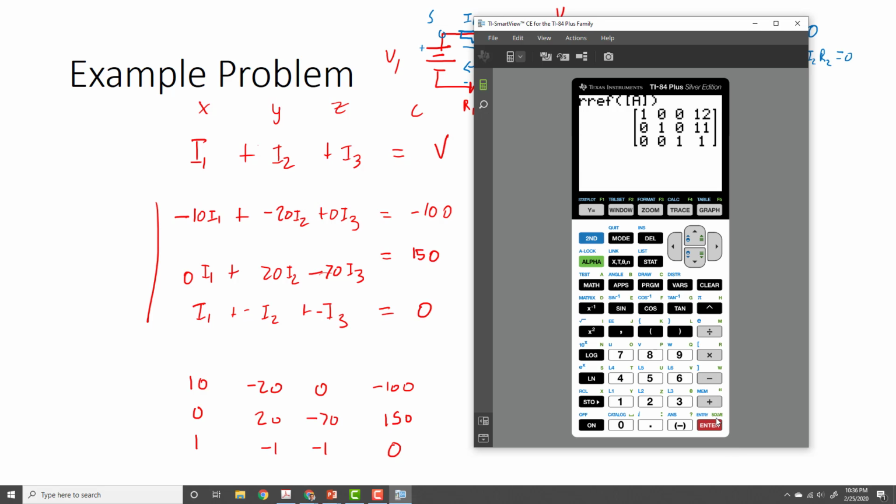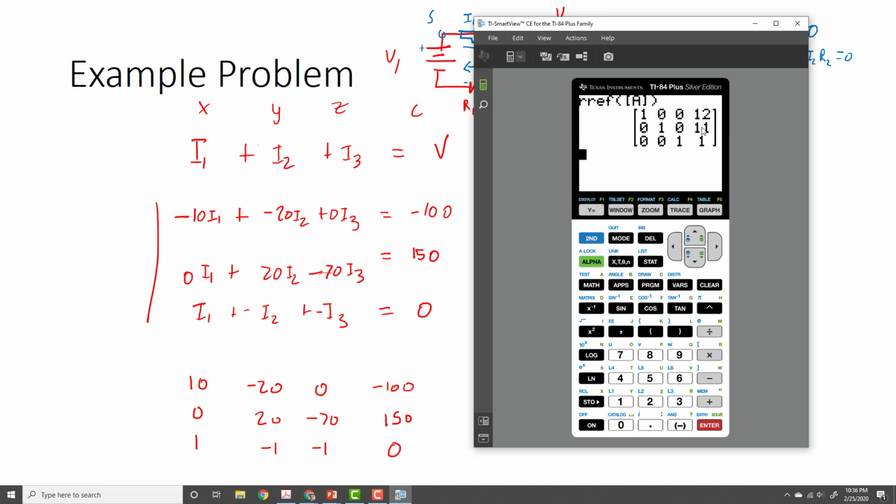And here's what it did for me. It went ahead and solved my system of linear equations, so I have 1s and 0s. What this basically reduced to is 1 I1 equals 12. Cool, now I know I1. I1 is 12. This one, since this is in the I2 spot, shows me that I2 equals 11.